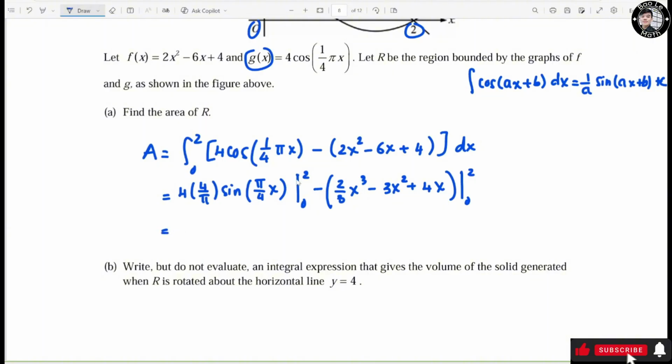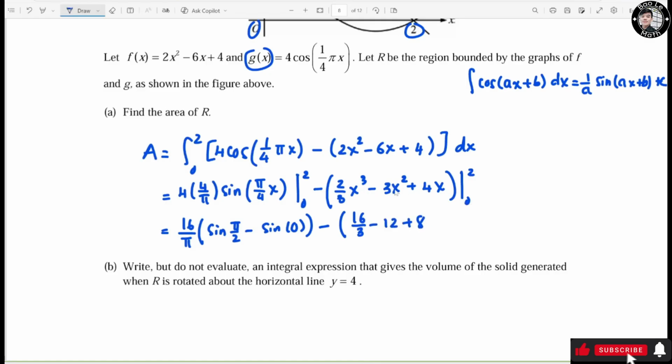Now we're going to substitute 2 for s. So 4 times 4 equals 16, so 16 over pi times sine of pi over 2, subtract sine of 0. Subtract, substitute 2 over here, it's 8 times 2, 16, so 16 over 3 minus 12 plus 8.